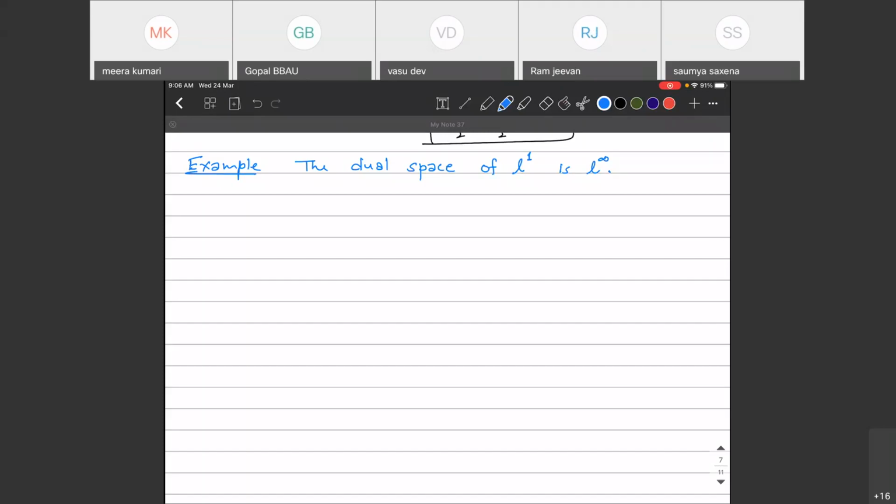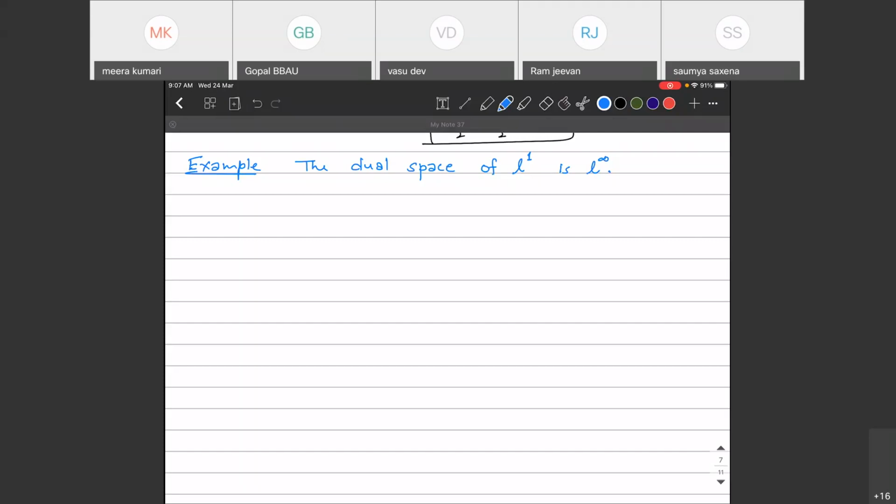L1 is a set of convergent sequences with summation over 1 to infinity of xi always finite. The elements of L1 are sequences. And what is the norm?